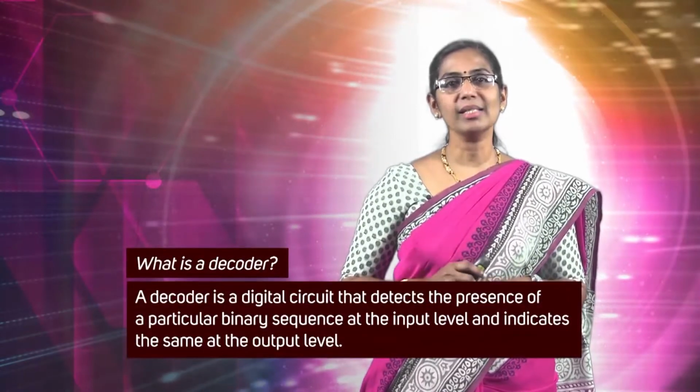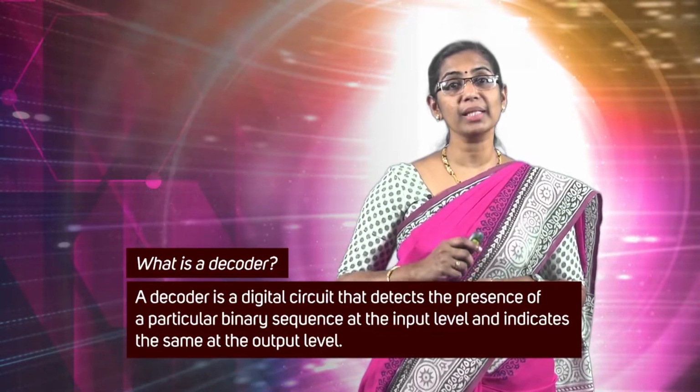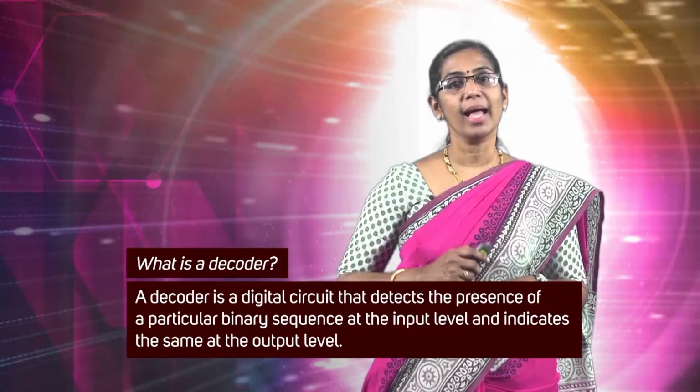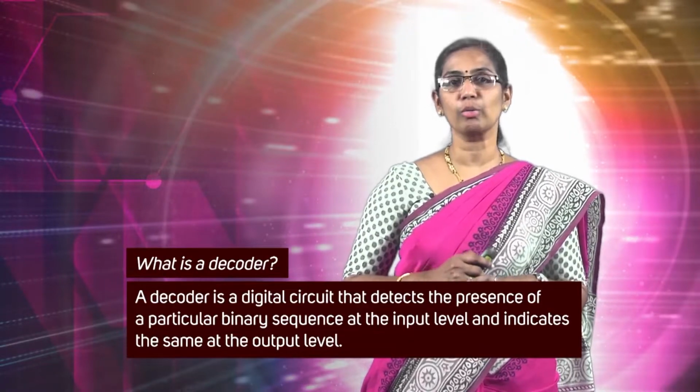What is a decoder? A decoder is a digital circuit that detects the presence of a particular binary sequence at the input level and indicates the same at the output level. We know that in digital systems, discrete quantities of information are represented using binary codes. Also, you may recall from the previous sessions that an n-bit binary code can represent 2 raised to n distinct codes.